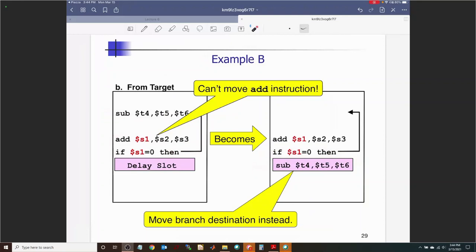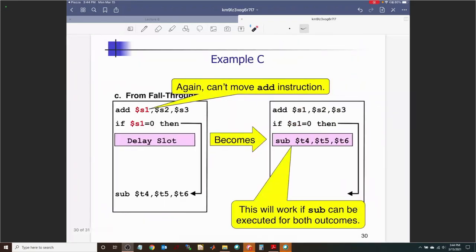All right, the third example here is look at it from the fall through. So again, you have an add instruction followed by a branch, followed by a delay, and at the end of that branching destination, you have a subtract instruction. So here you can take this fall through instruction and move that up into the delay slot.